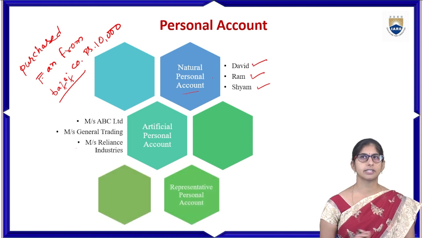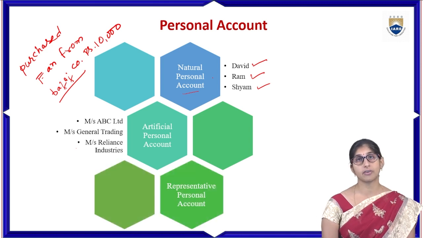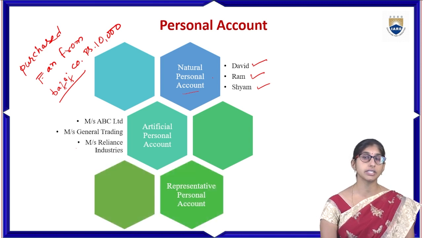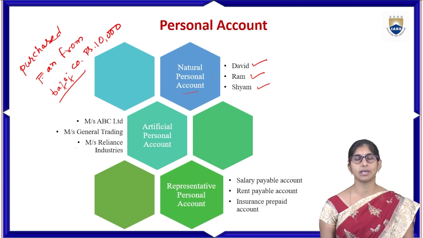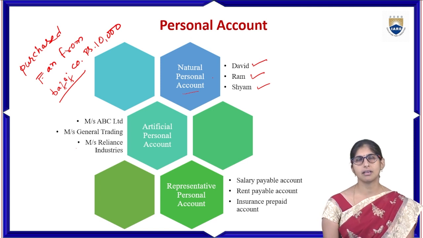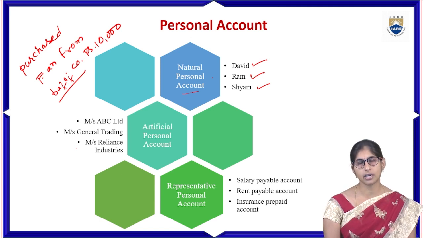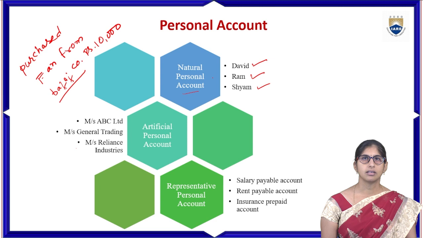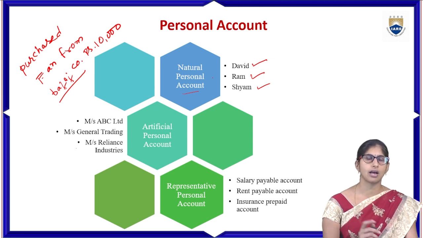Now let's move on with the next type of account, the representative personal account item. For example, in any organization, we hire many people, a few employees. We don't run alone, right? So we have some employees, we have some labor.